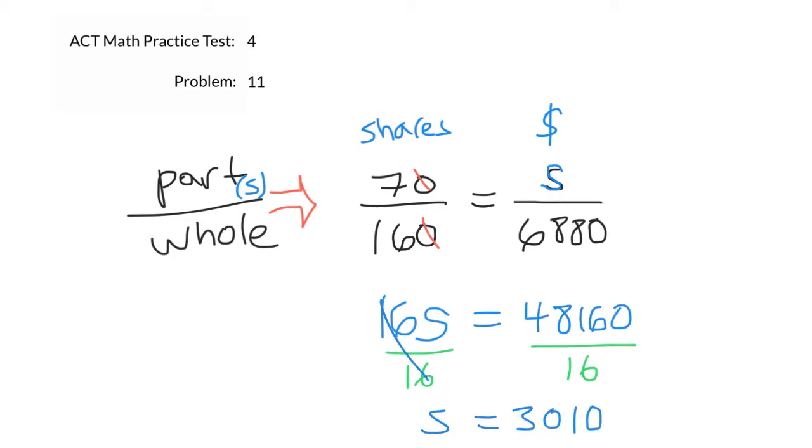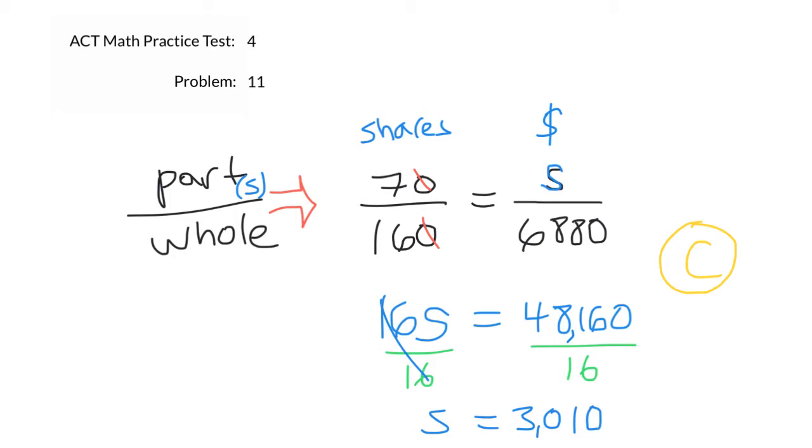Okay, now when I write the numbers, I don't really like to think about where the comma would go right away, but I'm going to put them in now. So that's 48,160, and that's 3010. So it is for that reason that the answer is C.